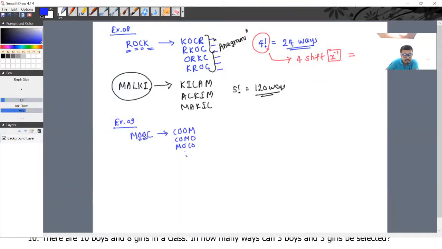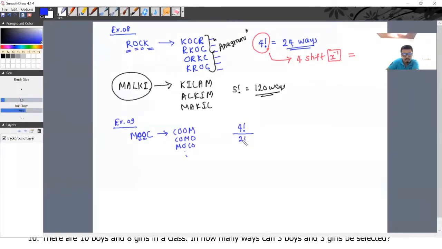How many letters are there altogether? 1, 2, 3, 4. There are 4 letters, so 4 factorial, but we can see repeating letters. The letter O we can see twice. So we need to divide this by 2 factorial. Why?